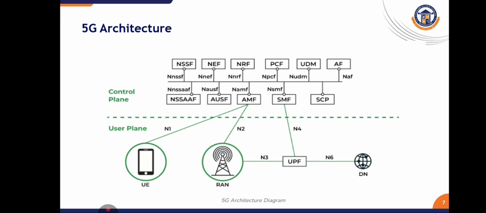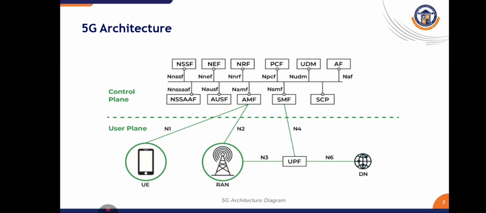The network is connected with the interfaces N1, N2, N3, N4, N5, N6. Here the important interface is the user plane function, and then the user equipment, base station and the data network are connected with the access and mobility management function.